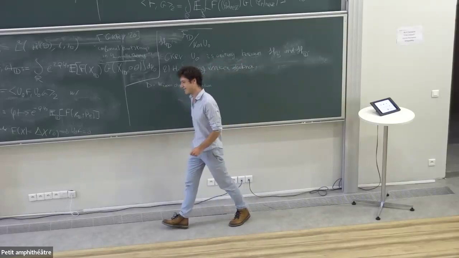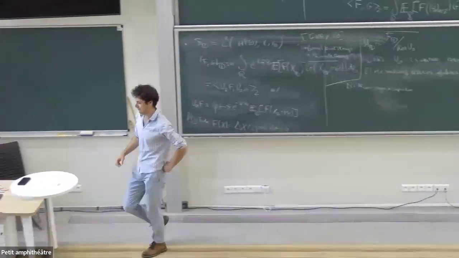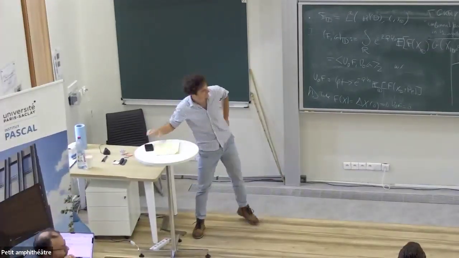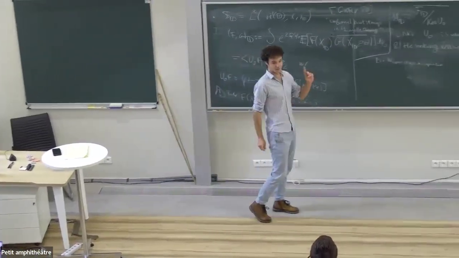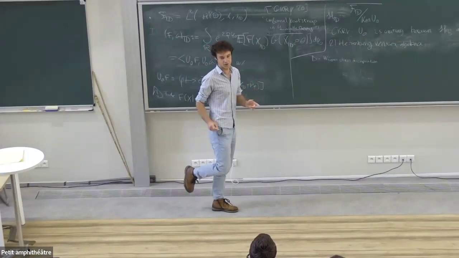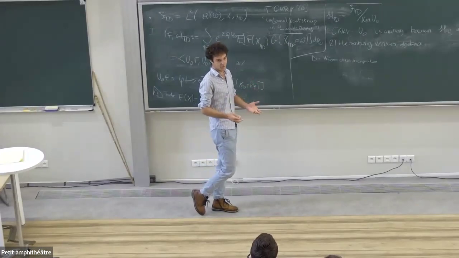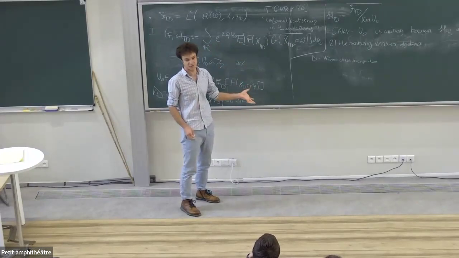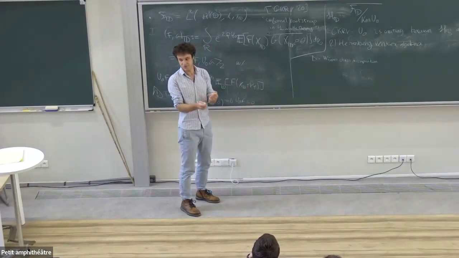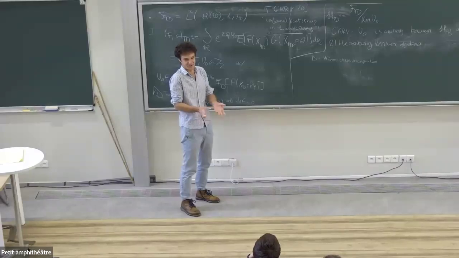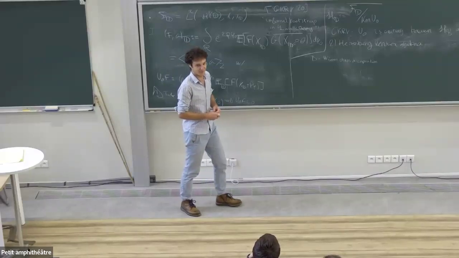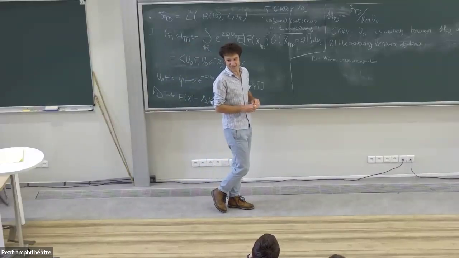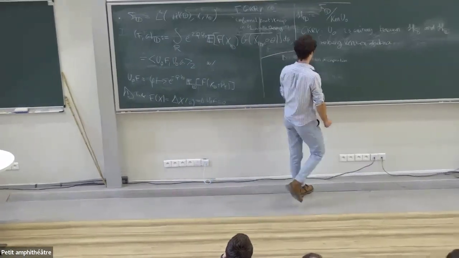I'm not sure I will have time to do that. It's almost super late. But actually, you really need this 1 over z bar to get to chiralities. It's because our theory has, so here you cannot really distinguish between the 2 chiralities. They're really like mixed together. I will come to that later.